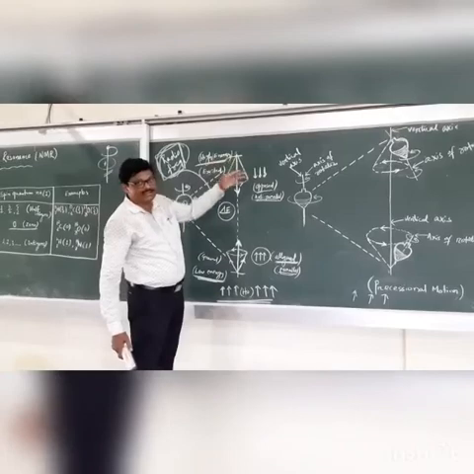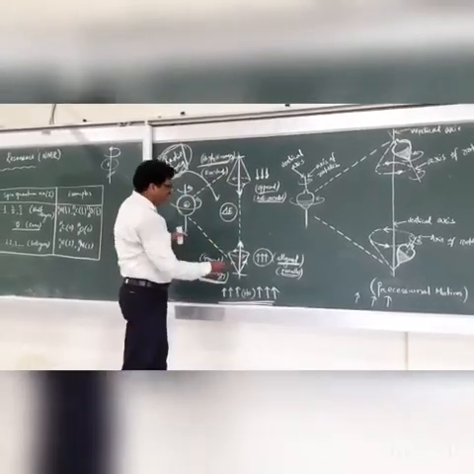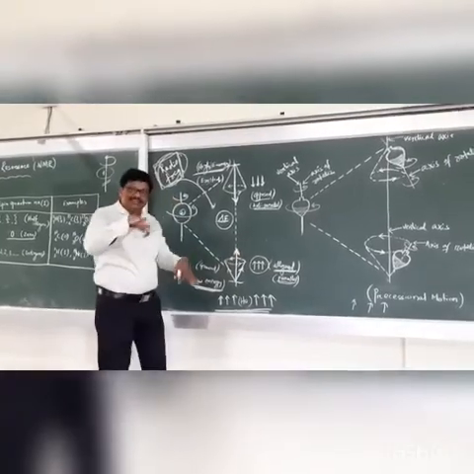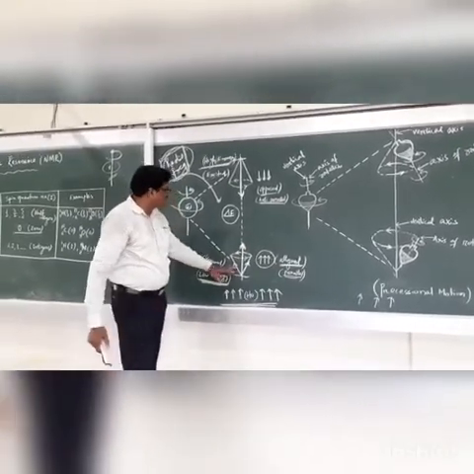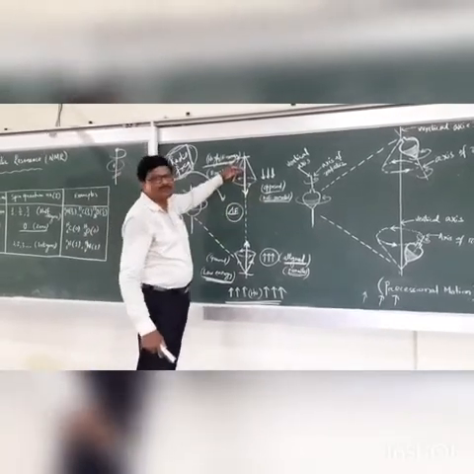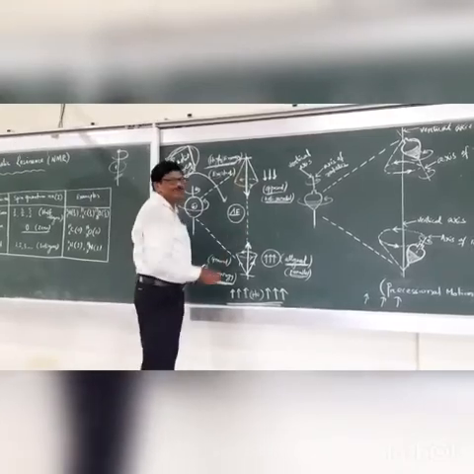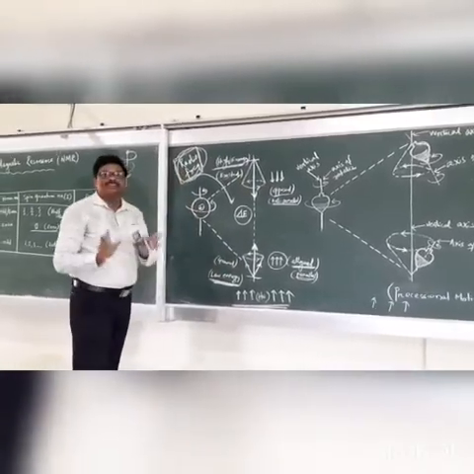And when it radiates its energy, it again comes to its ground state. So after gaining energy, it moves from the ground state to the excited state. After losing energy, it comes from the excited state to the ground state. And that energy difference comes under the radio frequency regime.